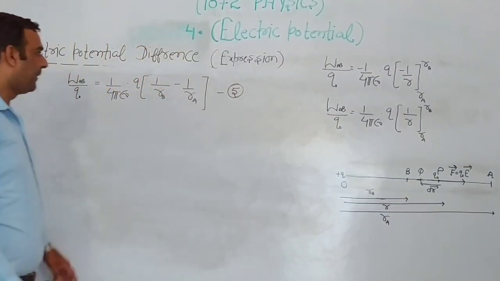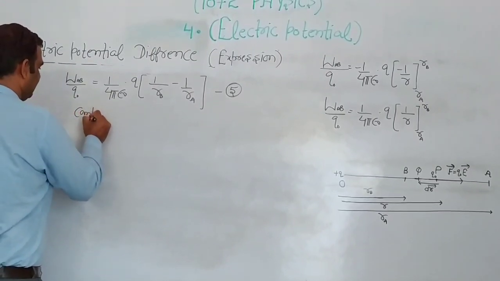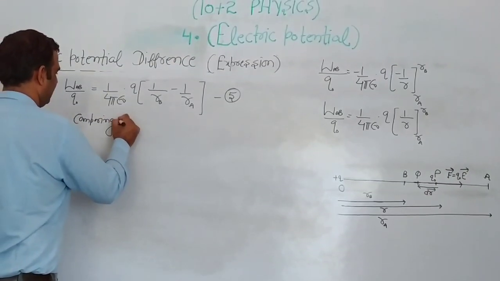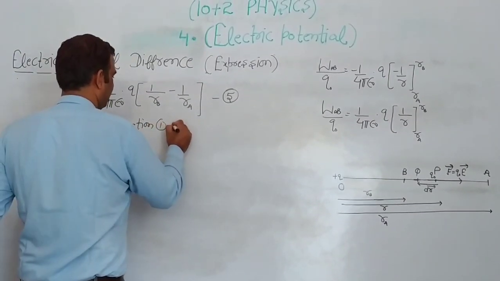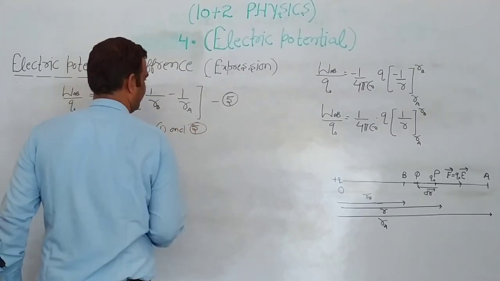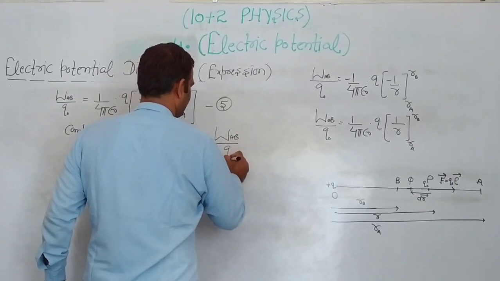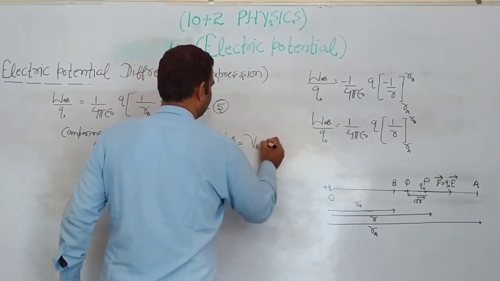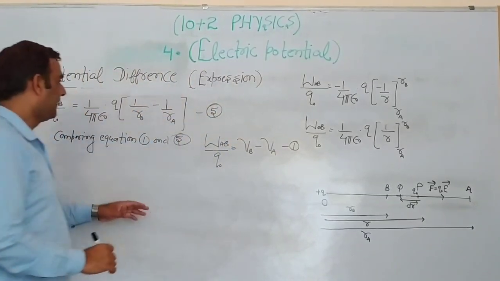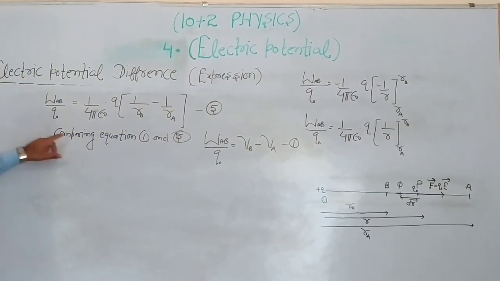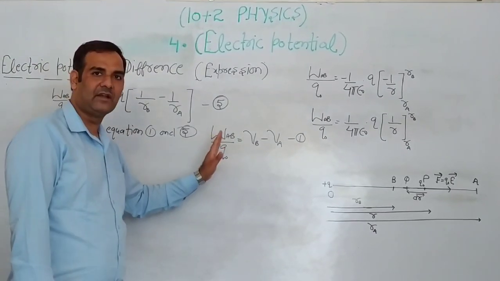Now comparing equation 1 and 5. What is equation number 1? This was equation number 1: W_AB by Q naught is equal to V_B minus V_A. So comparing these equations 1 and 5, we can say that the left hand side of both equations is the same.